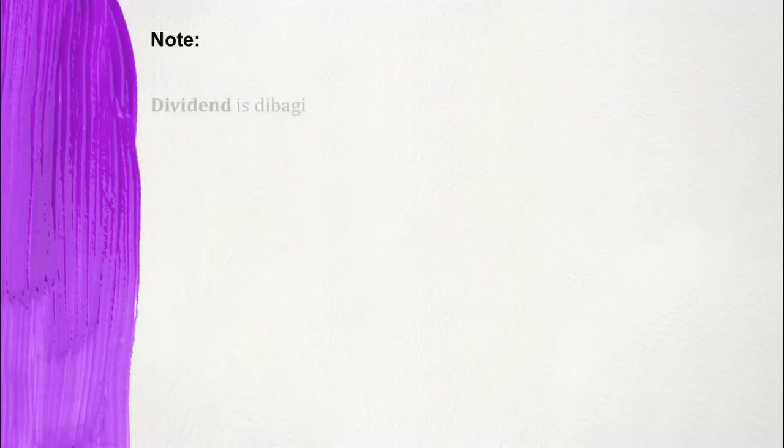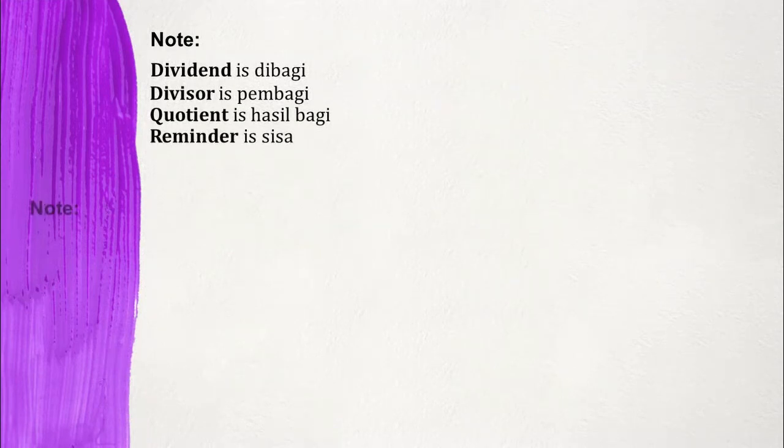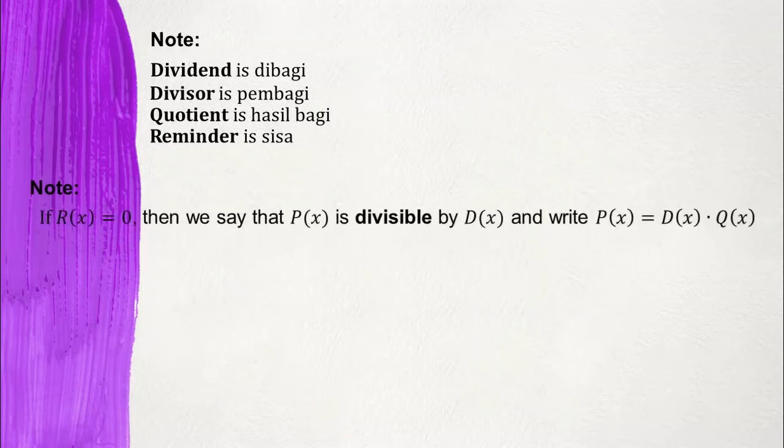So here, where is the note? The first note is dividend. Dividend is yang dibagi. Divisor, pembagi. And then quotient is hasil bagi, and then the remainder is the sisa. So from here, you need to have another note. If r(x) equals 0, then we say that p(x) is divisible by d(x), and p(x) equals d(x) times k(x).